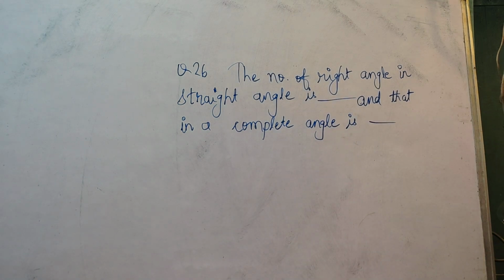So the number of right angles in a straight angle and the number of right angles in the complete angle is, so how many right angles are there in a straight angle as well as in a complete angle?